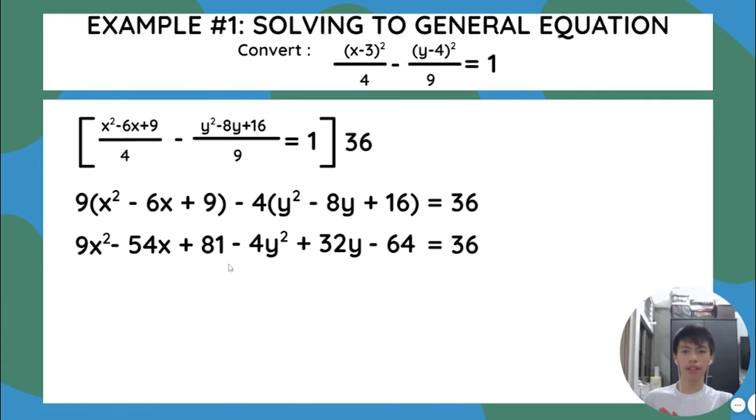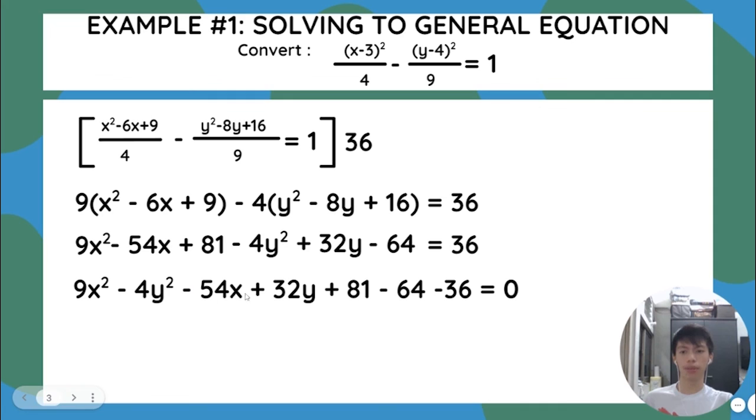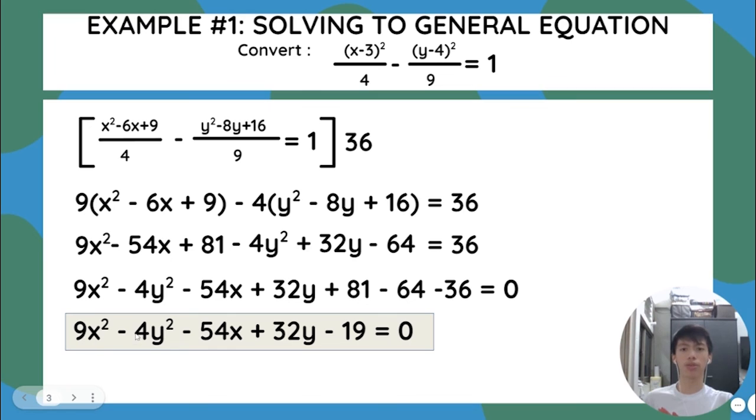Second, we will arrange this to a general equation. 9x squared minus 4y squared minus 54x plus 32y plus 81 minus 64, and we will put the 36 to the left side, which will be negative 36 equals 0. And we will simplify this, in which we will get our final answer, 9x squared minus 4y squared minus 54x plus 32y minus 19 equals 0. So this is our general equation for example 1.